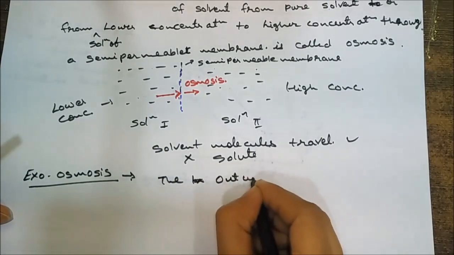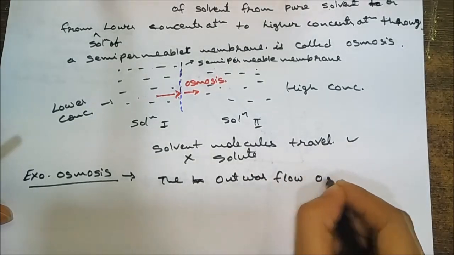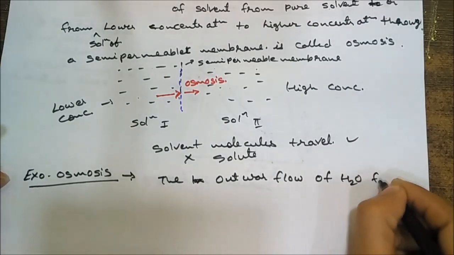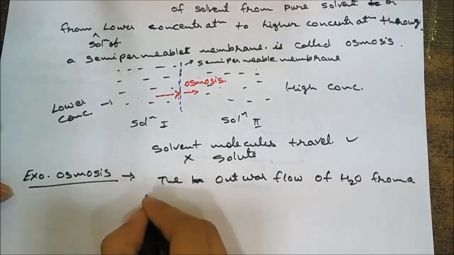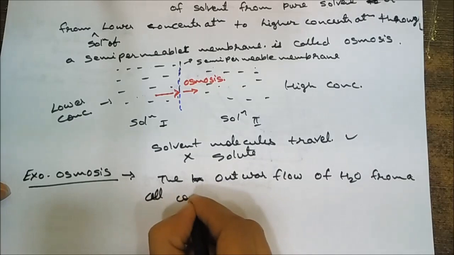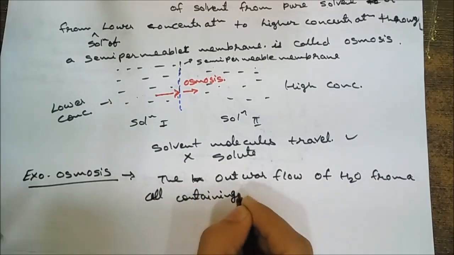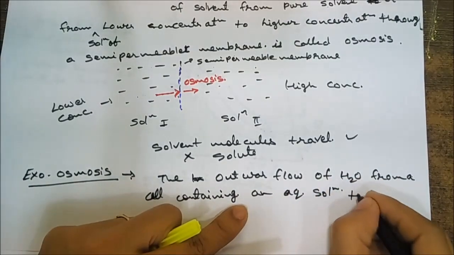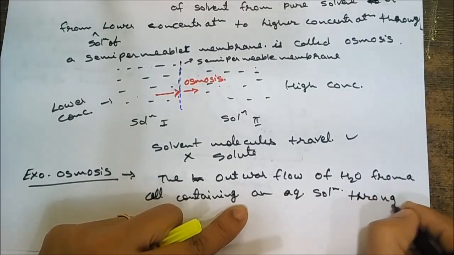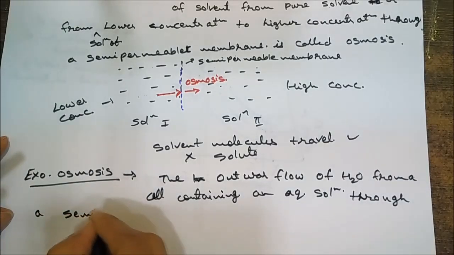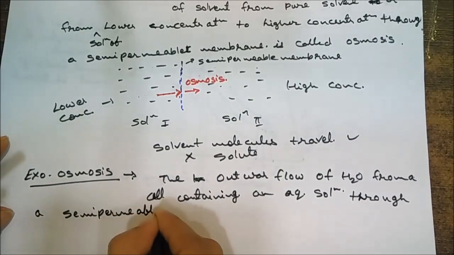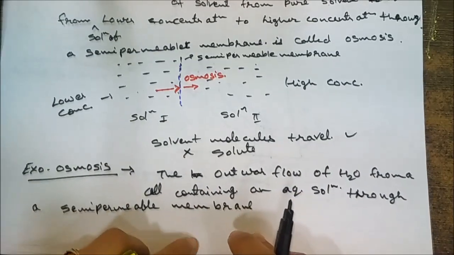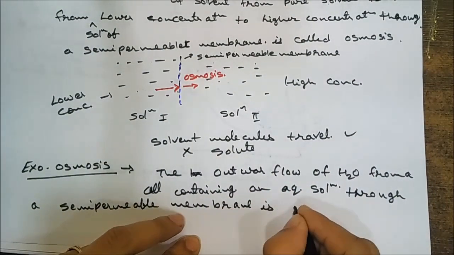The outward flow of water from a cell containing an aqueous solution through a semi-permeable membrane is called exoosmosis.